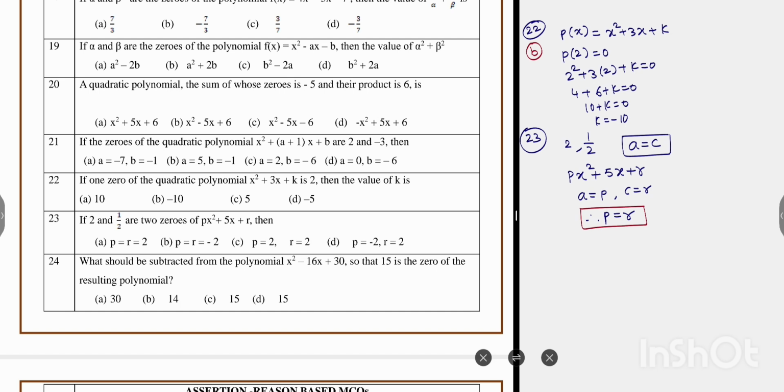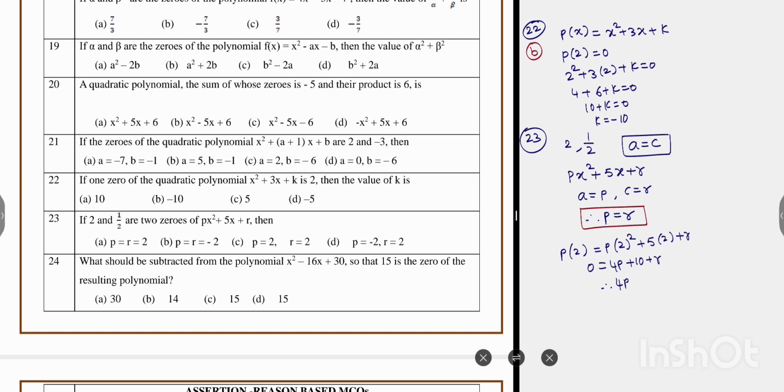Even they are asking to find the zeros also. So we have to substitute 2 in P. P of 2 is equal to P into 2 square plus 5 into 2 plus r. Then we get 4P plus 10 plus r is equal to 0.